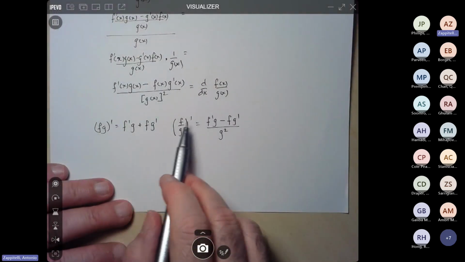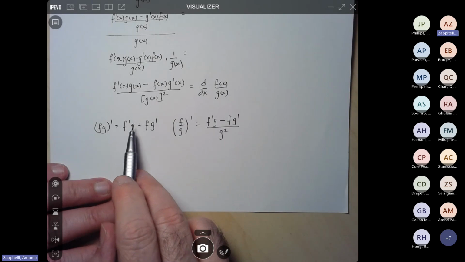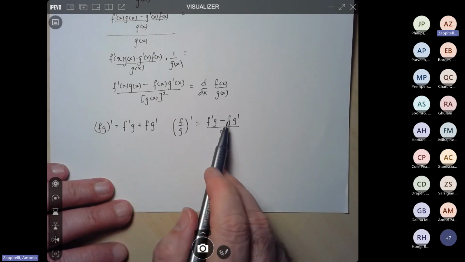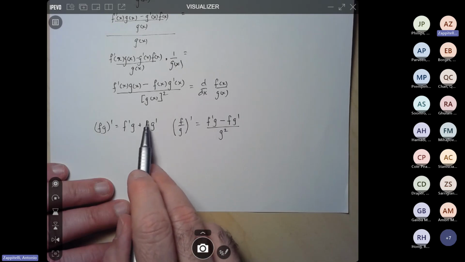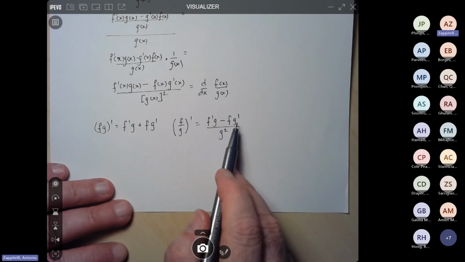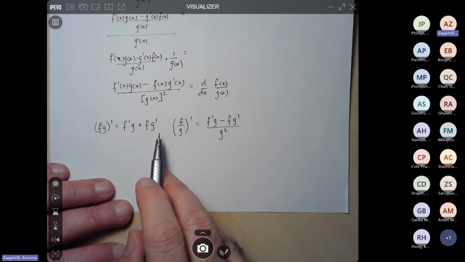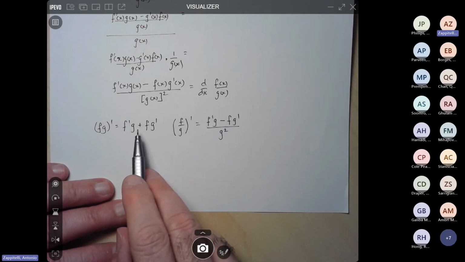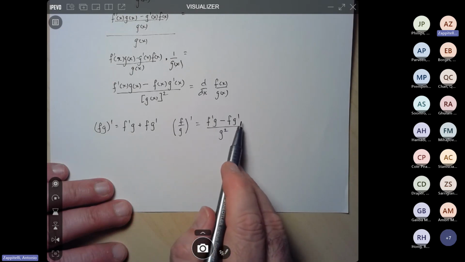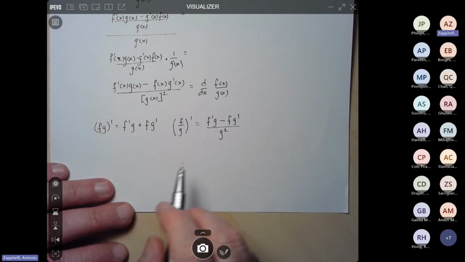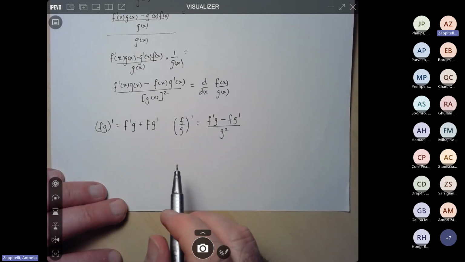But what's nice about these two formulas is the order of the functions is exactly the same, except for the product rule it's an addition, and for the quotient rule it's a subtraction. So f prime g plus f g prime, f prime g minus f g prime. And of course, we have to divide by the square of the denominator.